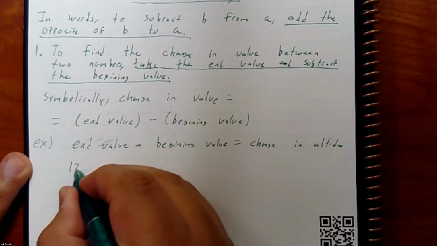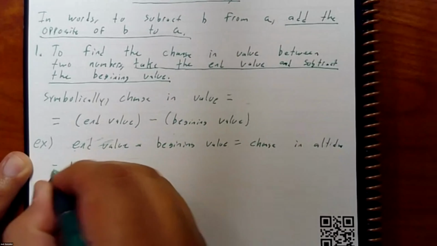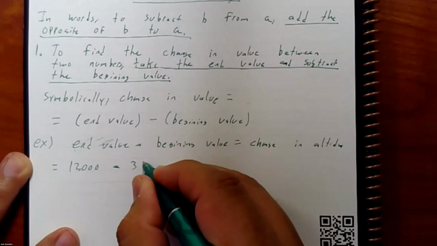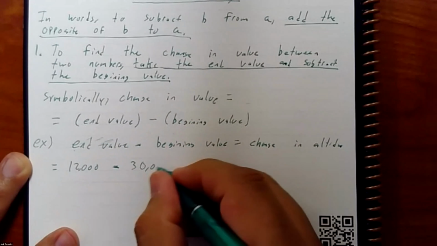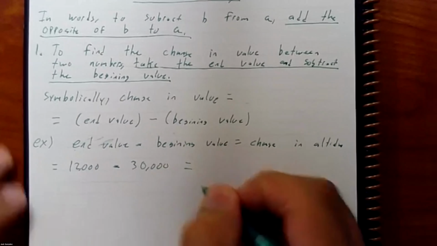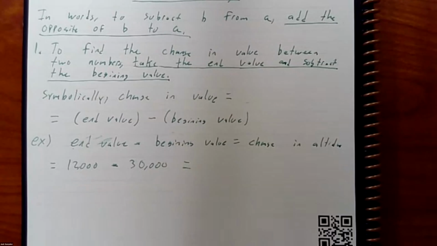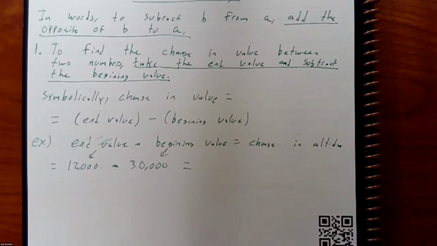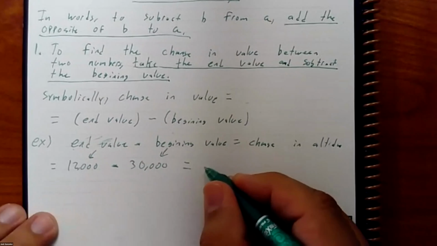So end was 12,000. Wait, sorry, go back. Right, so here's my end. Beginning was 12 minus 30. 18. Positive or negative?